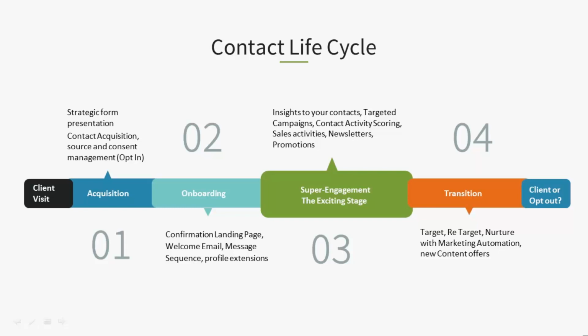So proper onboarding, proper welcome messages, and message sequences are all things that can nurture your clients along and move them nicely to that third phase, which is the super engagement or hyper engagement phase, where they're interacting with your company and your salespeople with the prospect of turning into an opportunity.